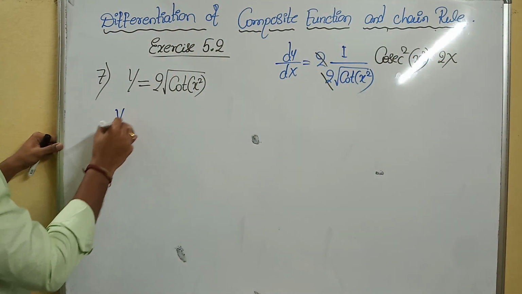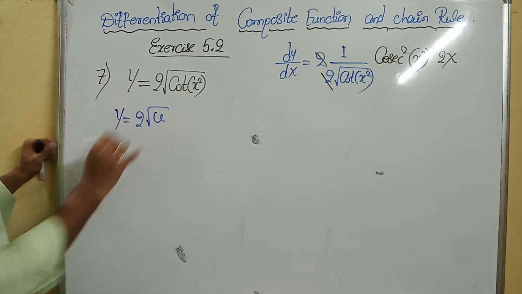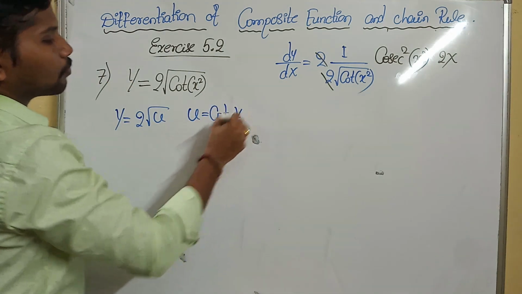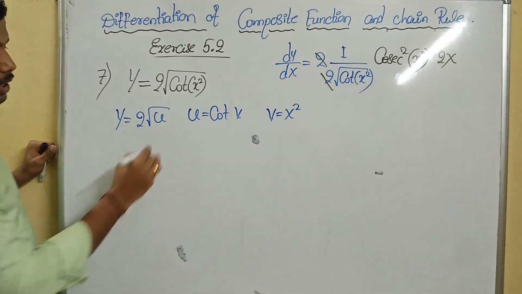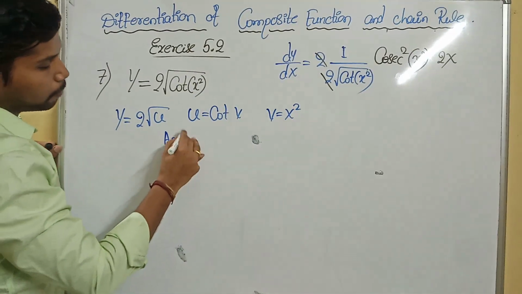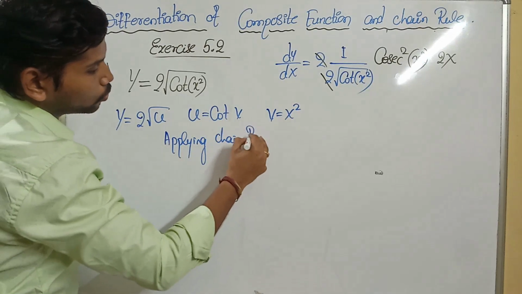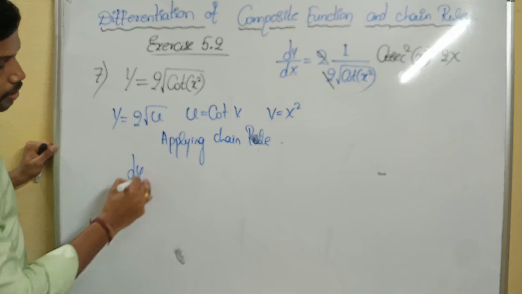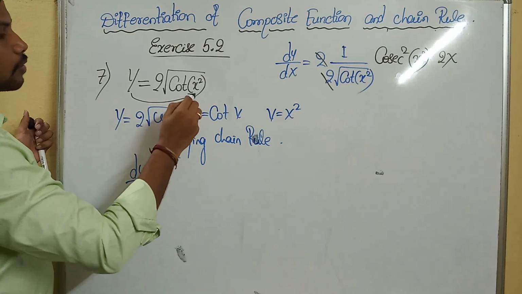Okay. I'd like to solve in the simple manner. y is equal to 2 root of u. What is u? u is nothing but cot of v. What is v? v is x square. Now I'd like to apply what rule? Applying chain rule. Chain rule will be, initially I'd like to write dy by dx because y is a function of x.